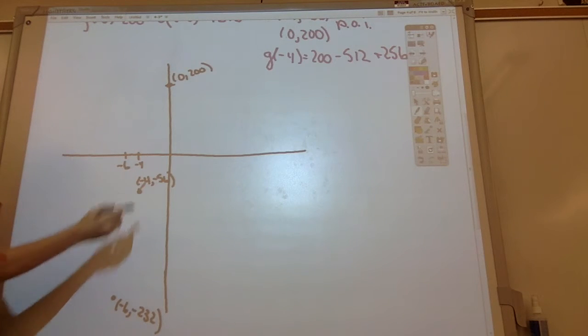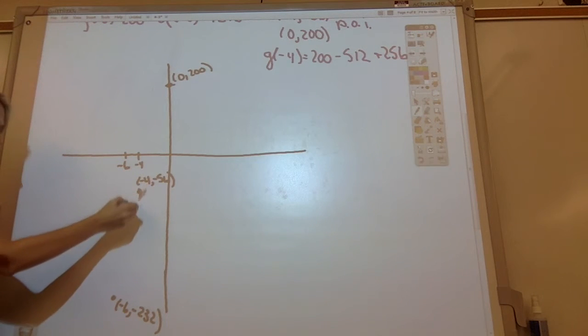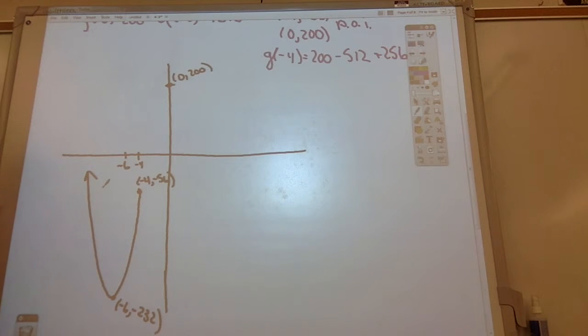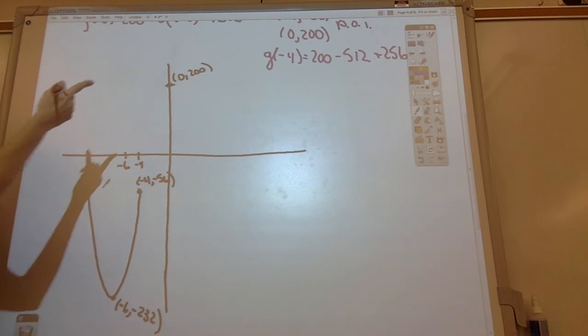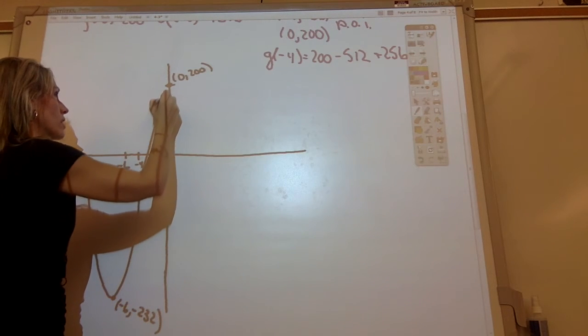So it's going to be like a W, yes. That's my concave up. And then between -4 and 0, it's concave down. I see a lot of you guys drawing it in the air. So now we have from here to here, it's our concave down.